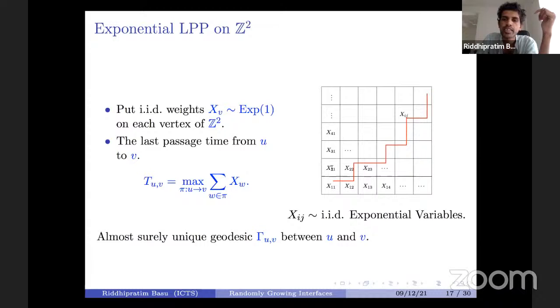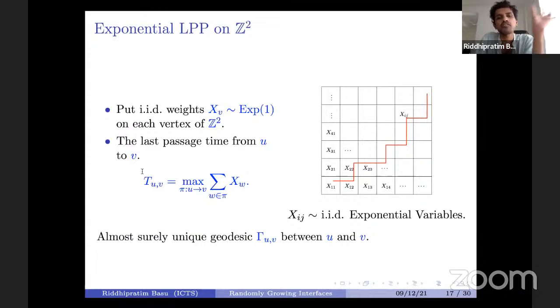Each of them has its waiting time, x12 and x21. You flip those corners, or you mark those cells as occupied, after waiting that amount of time. That's how you correspond this picture of IID weights on the lattice with the picture of the growing interface in the previous slide.